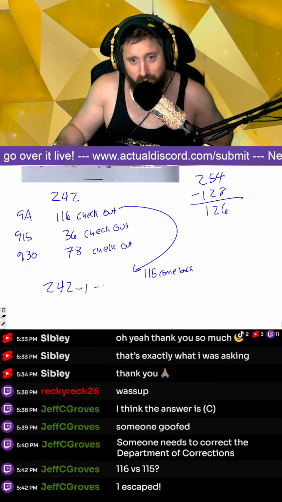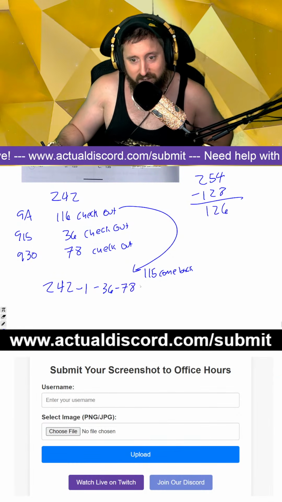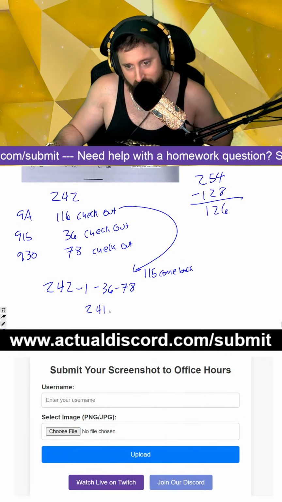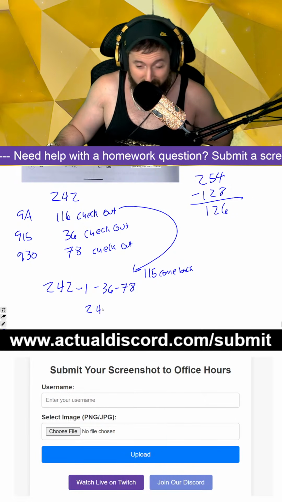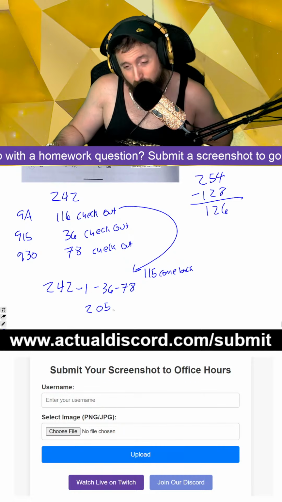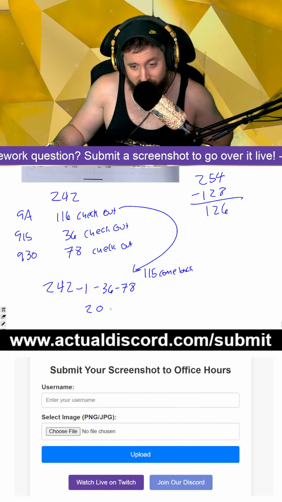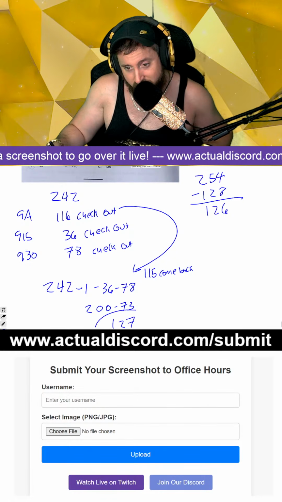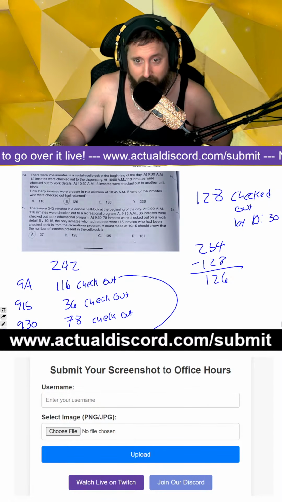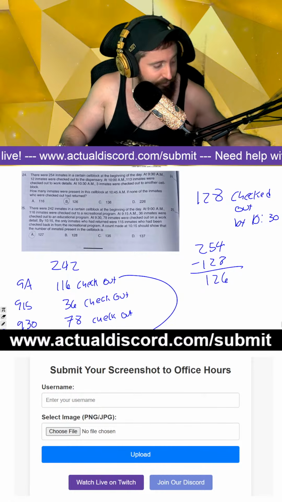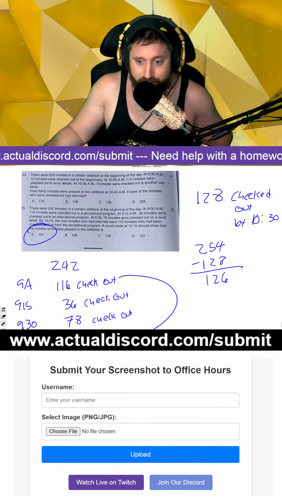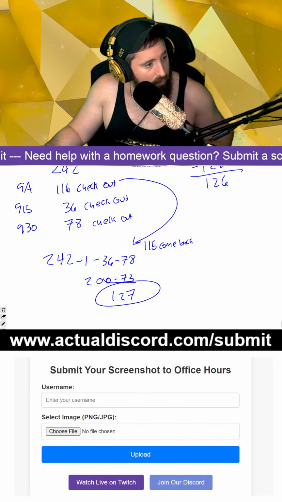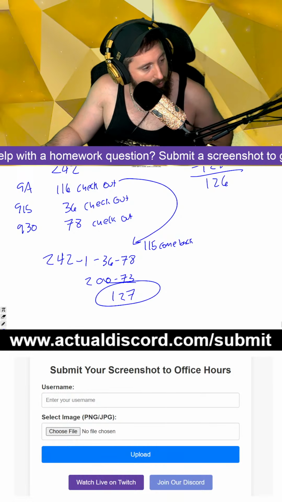So it's 242 minus 1 minus 36 minus 78. So what's that? 241 minus 36 is 205. 205 minus 78 is 200 minus 73, which is 127. Wow, they did put those answers very close to each other. Yeah, so what's that? Answer choice A. Nice, thank you.